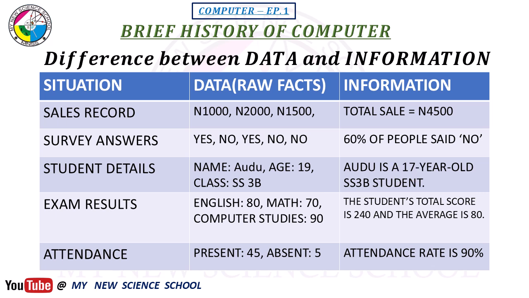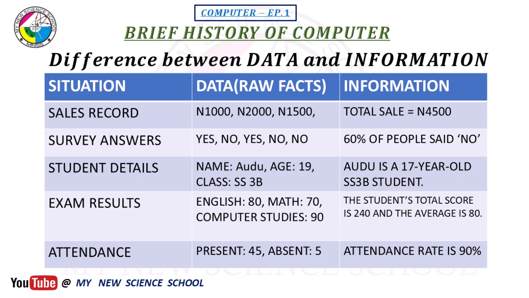So let's just use the 17. Audu is a 17-year-old SS3B student. He is in SS3B and he is 17 years old.